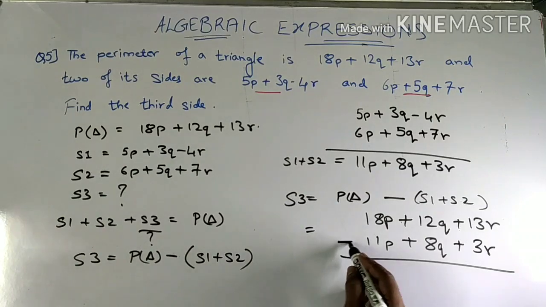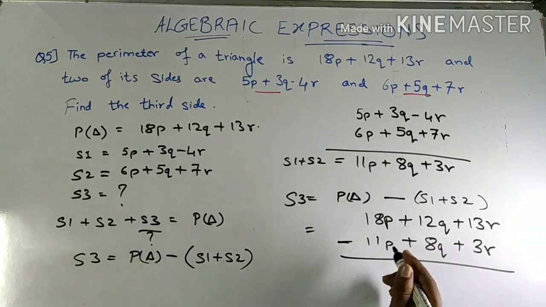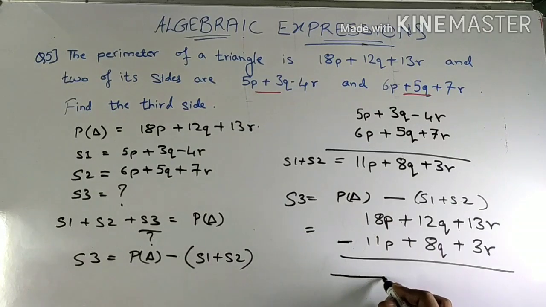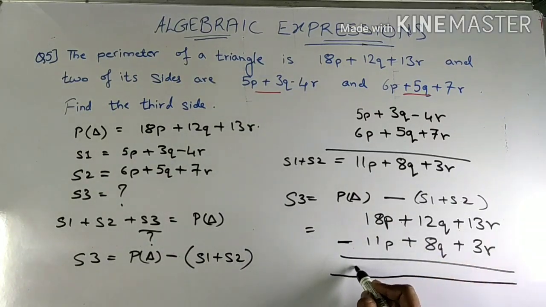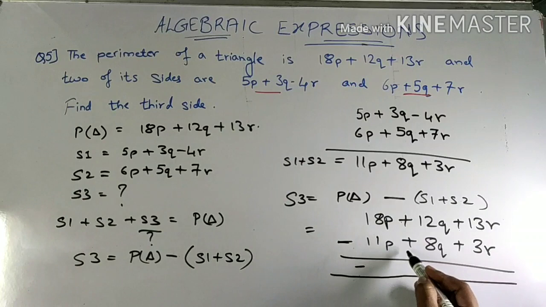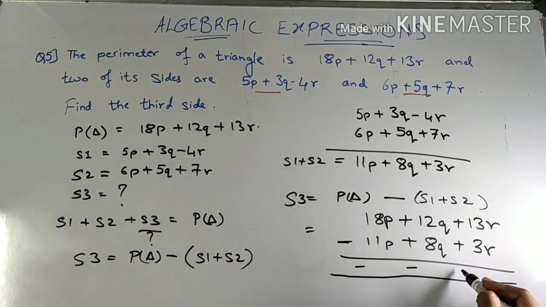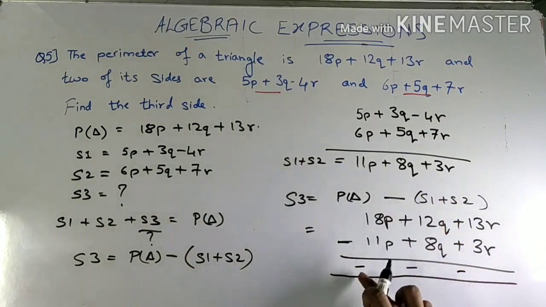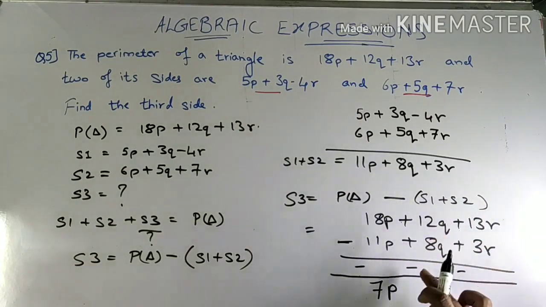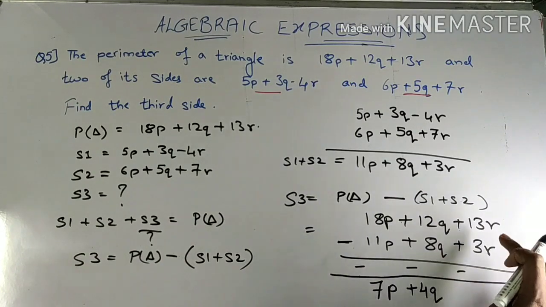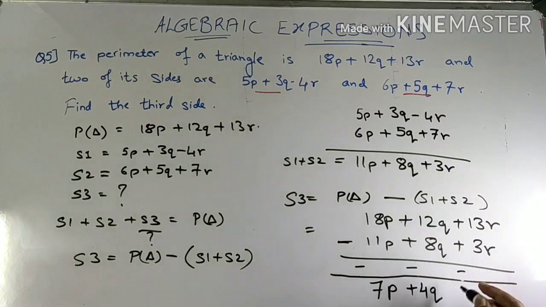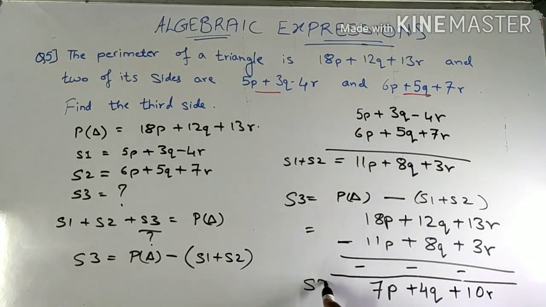Now since we are subtracting it, we must change the sign of all the terms in the second line. So plus 11 becomes minus 11, plus 8 becomes minus 8, plus 3 becomes minus 3. So 18 minus 11 becomes 7p, 12 minus 8 becomes 4q, 13 minus 3 becomes 10r. So this is my third side.